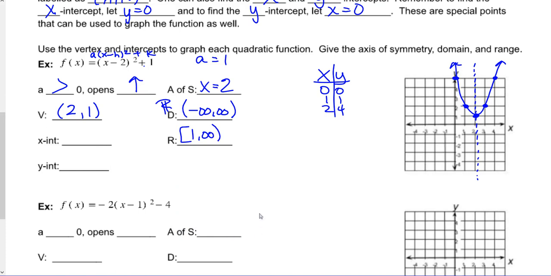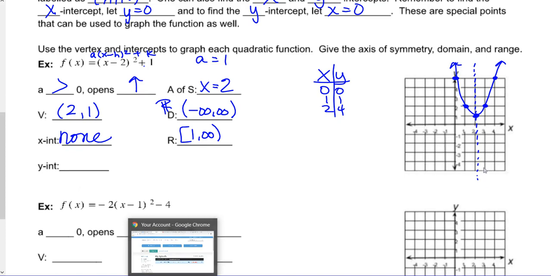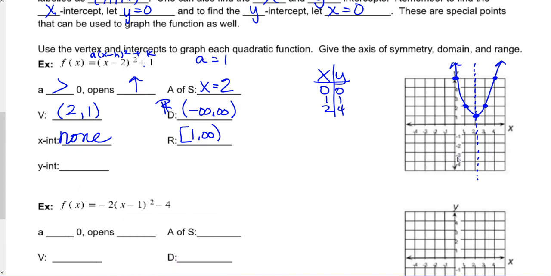And then, to find the x and y intercepts, we need to let y equal 0, and we need to let x equal 0. But if we notice from our graph, this is a nice one that we don't even have to actually plug numbers in to solve. If I look for my x-intercept, where does that parabola cross the x-axis? That is nowhere. Therefore, there is no x-intercept, or none for x-intercepts.